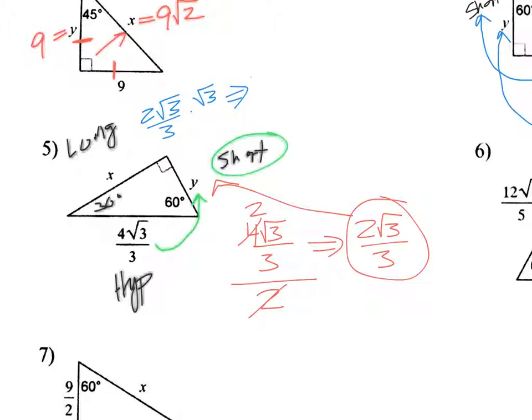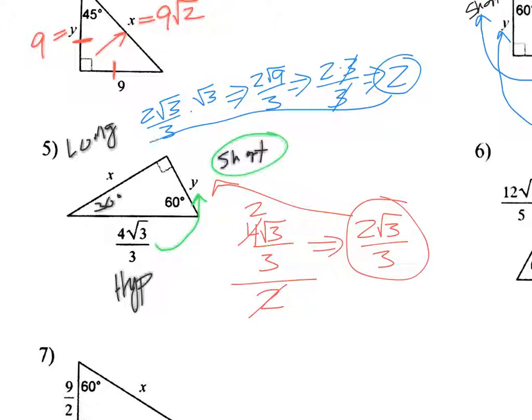So that's going to give me 2 square root of 9 over 3. But what is square root of 9? Square root of 9 is 3. So 2 times 3 over 3, the 3's cancel, and I'm left with 2. So 2 is my long leg.